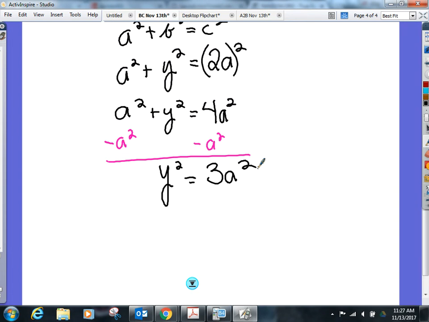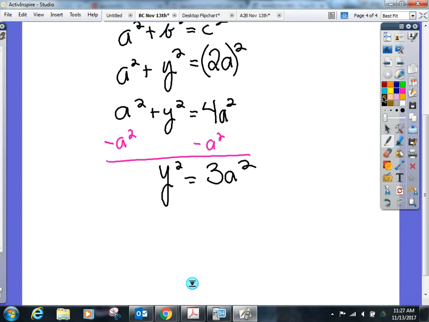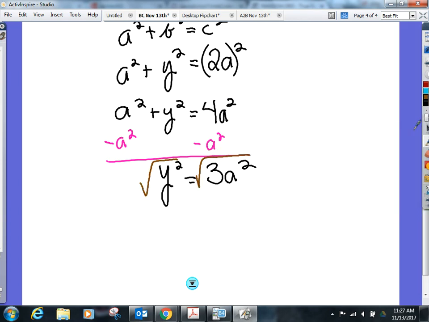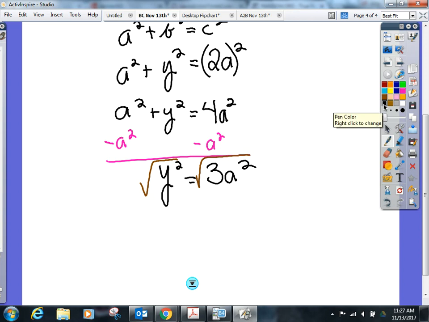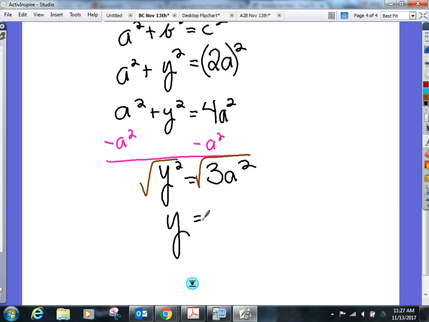Okay, how are you going to get the y by itself? All right, here we go. I'm nervous. Should be. So let's finally find this y-coordinate. Now, I cannot take the square root of 3a squared, but I can take the square root of something inside there.